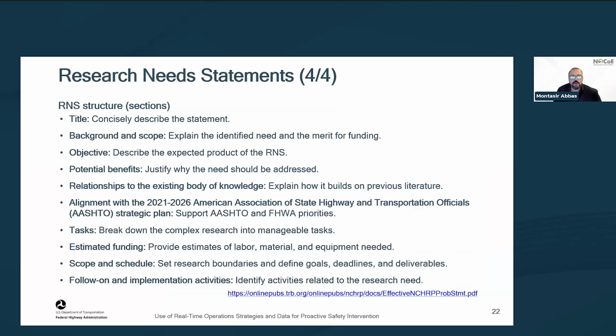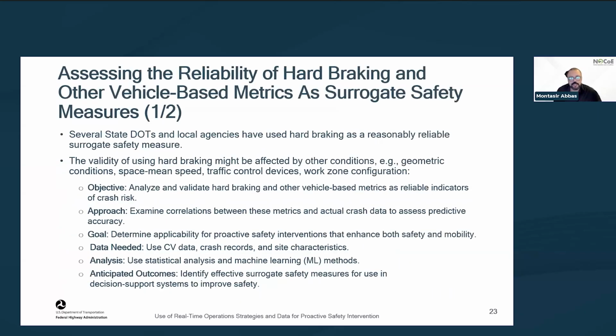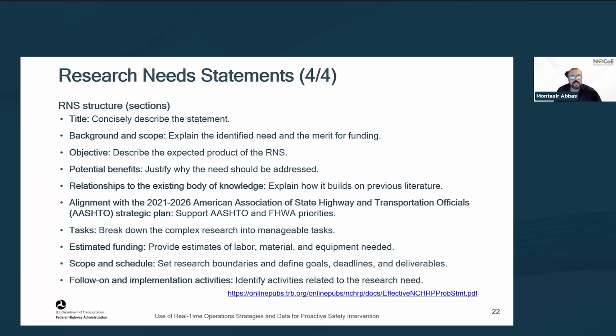And we wanted to put all of these top 3 into the standardized research need statement from the TRB, because we want this to go for an NCHRP project at the end, hopefully. The RNS structure includes a title, background and scope, the objective, that's the highlight, and then the potential benefit and relationship to existing body of knowledge.